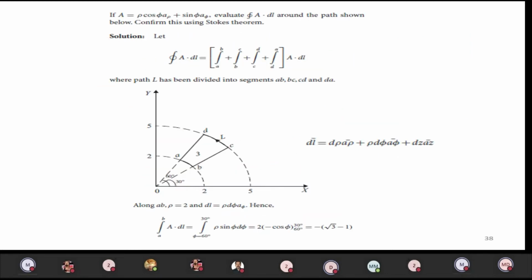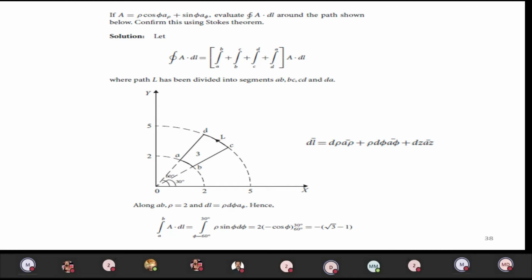For that they have given the closed path ABCD, the graph you can see there. The closed path ABCD. A and B vary from 2 to 2, where C and D vary from 5 to 5. At A and D, the angle you see there is 60 degrees. At B and C, the angle is 30 degrees.